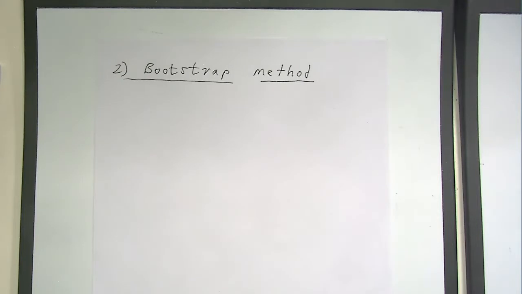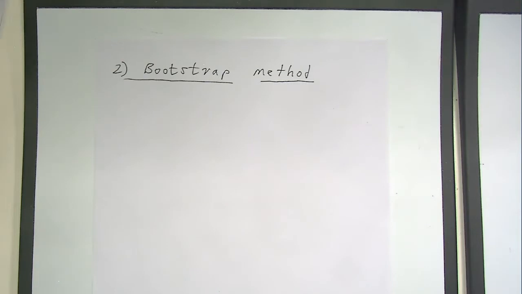Have you done Bootstrap before? Yes. Yeah, bootstrapping is a resampling algorithm. It was developed by Brad Efron, who's a professor at Stanford University in the U.S. So it's been around for a long time.